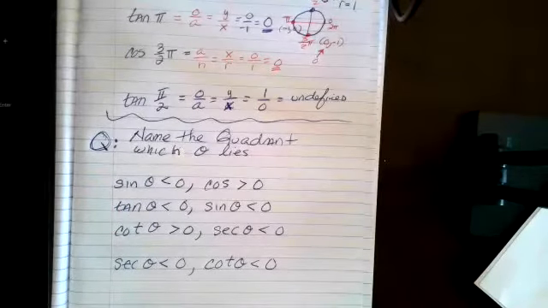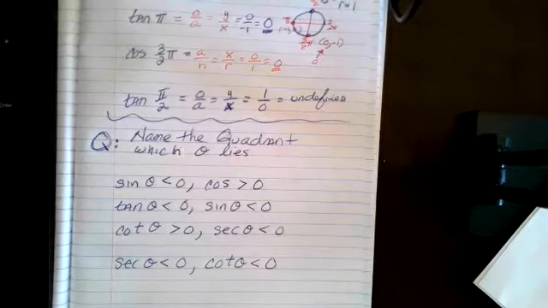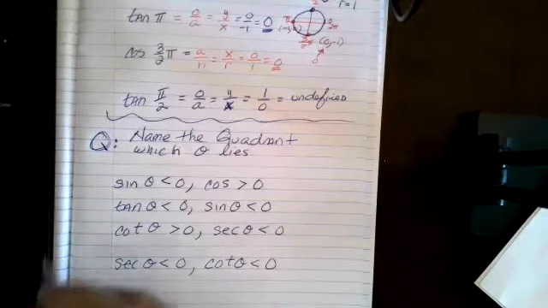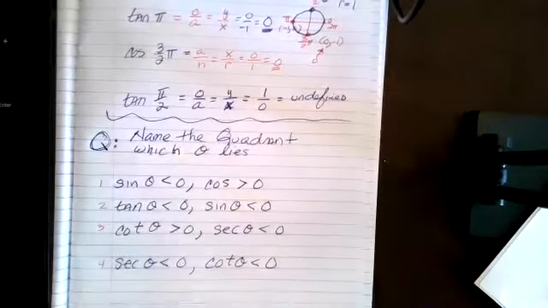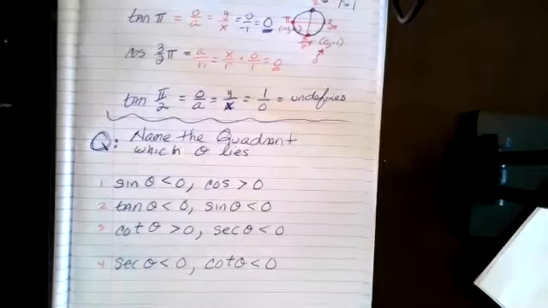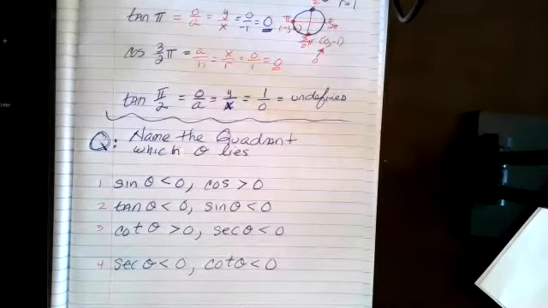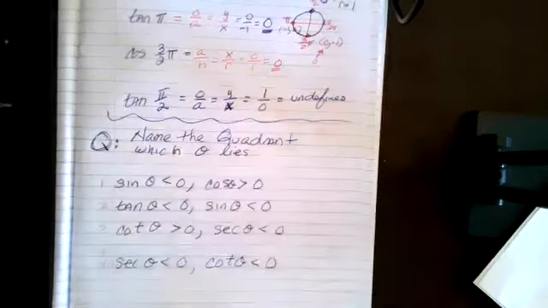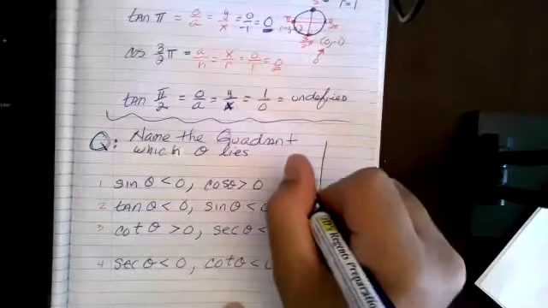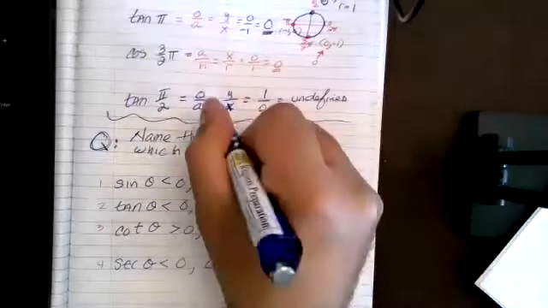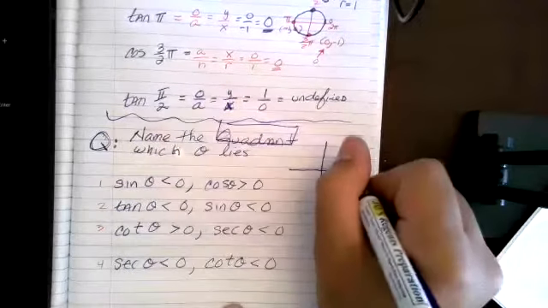So in this section, they also ask us to name the quadrant in which theta lies. They're giving you 4 scenarios. In this first scenario, it says sine theta is less than 0 and cosine theta is greater than 0. Well, what do we know about our trig functions and the quadrants in which they lie?